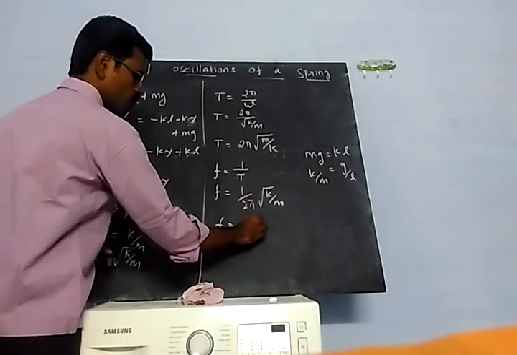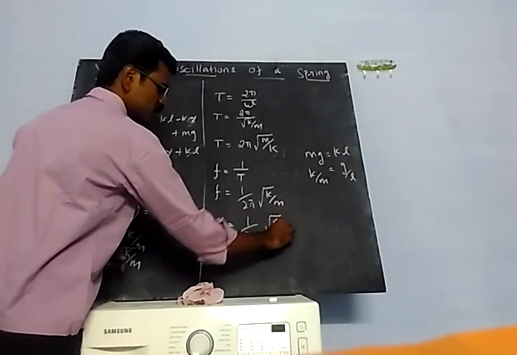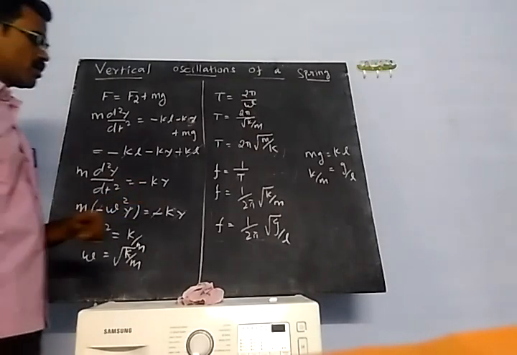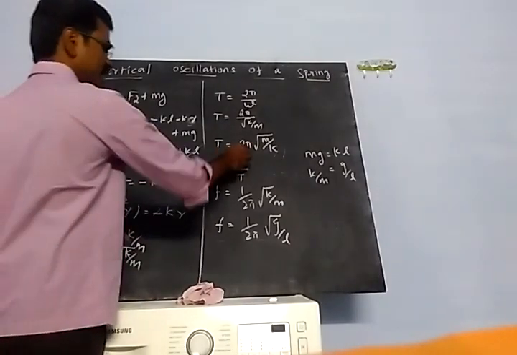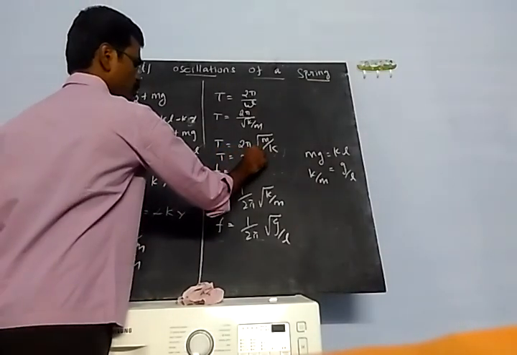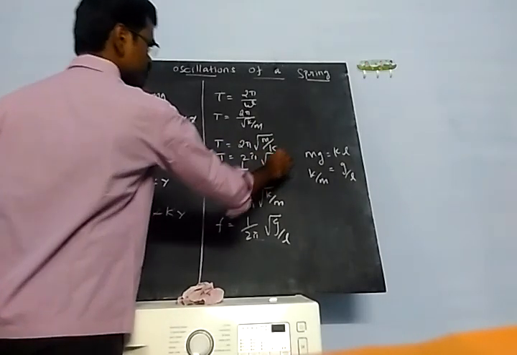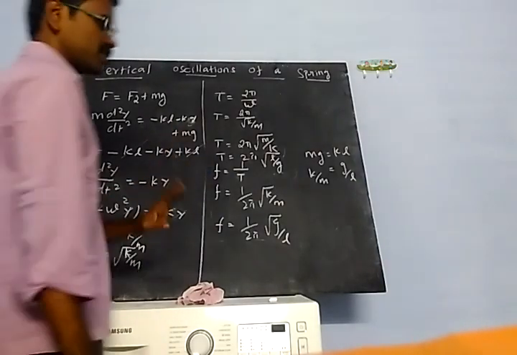Then f is equal to 1 by 2 pi square root of g by L. Or the time period T is equal to 2 pi square root of L by g.